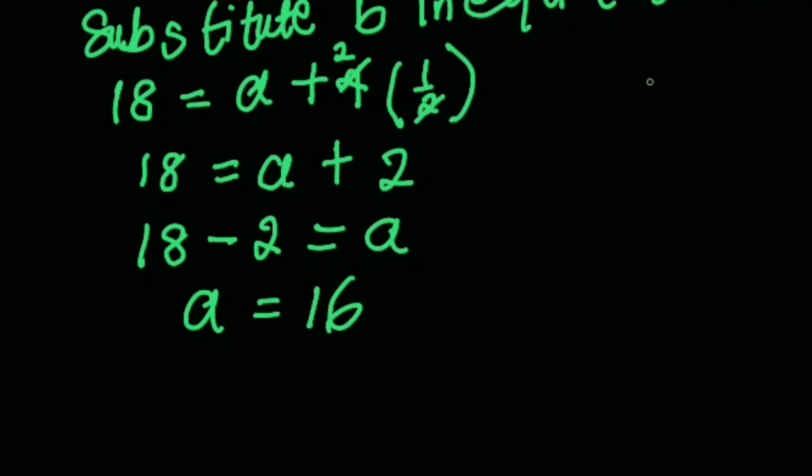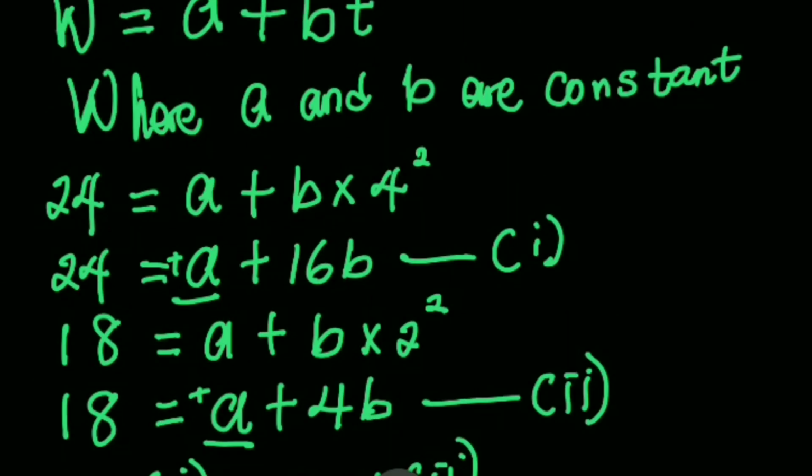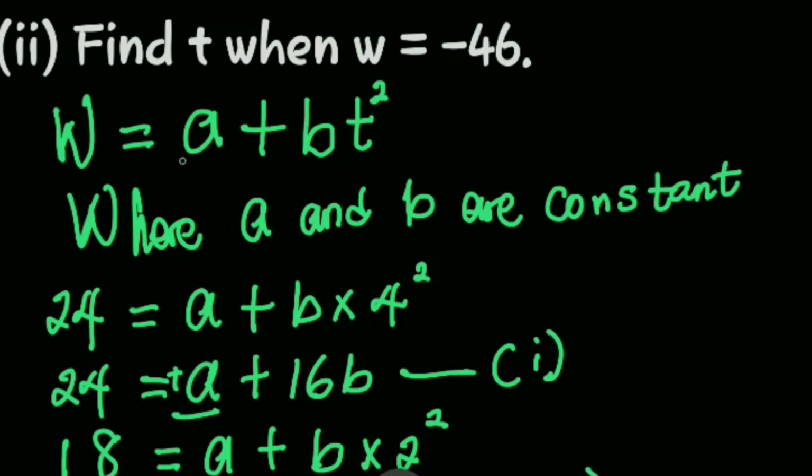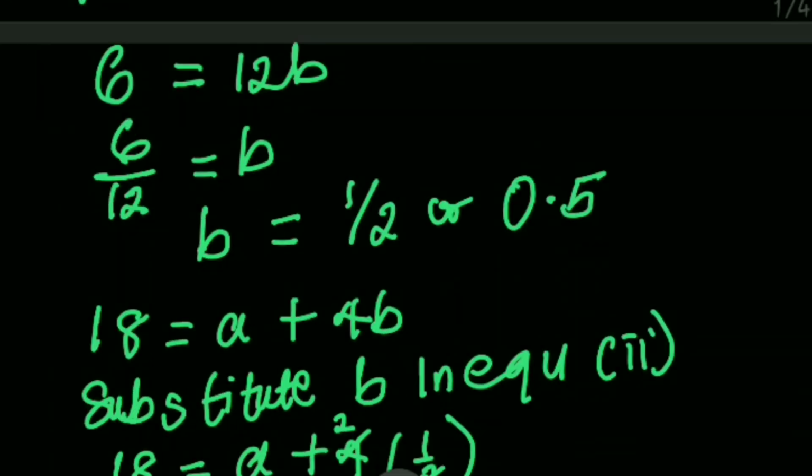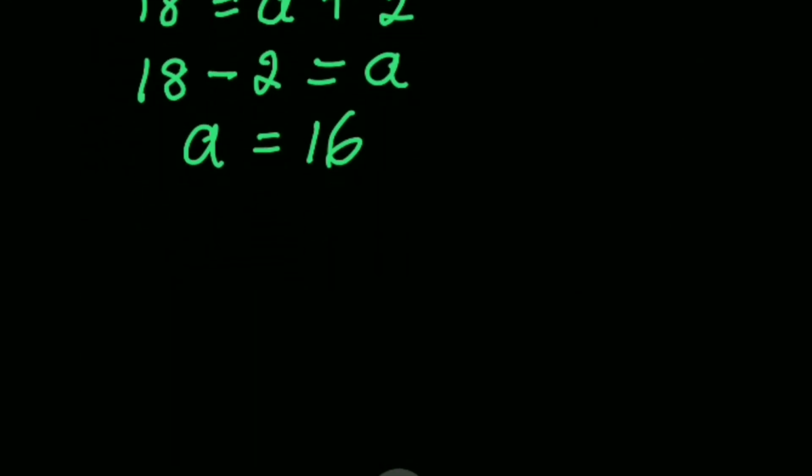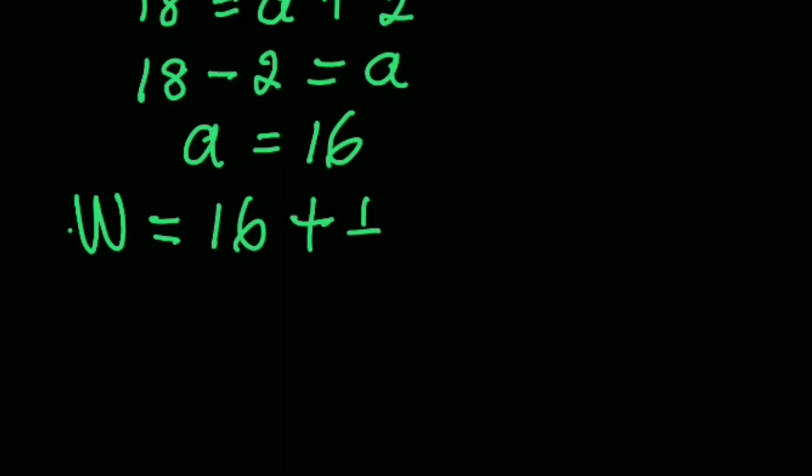So now we have the value of A as 16, and we have the value of B as 1 over 2. We can then come back to the beginning where we have W equals A plus B T squared. And so we are going to substitute there. We have W, which is the relationship now, equals A, 16, plus B T squared. Our B is 1 over 2, and then we have T squared.